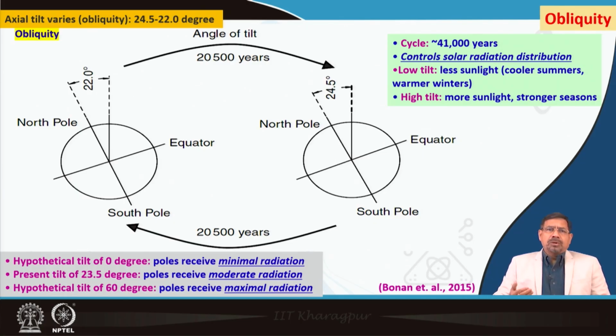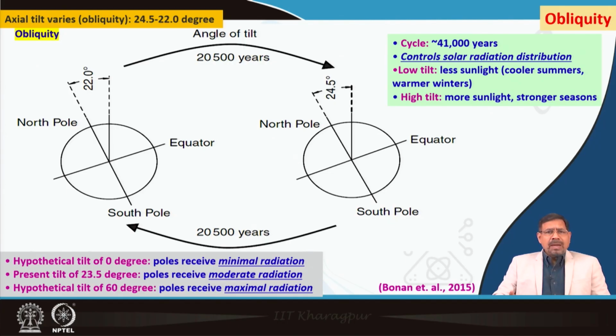So that means when the tilt is low, that means 22.1, there is less sunlight, so cooler summers and warmer winters. Whereas if the tilt is high, that means more sunlight and we have stronger seasons, that means relatively strong winter and strong summer.